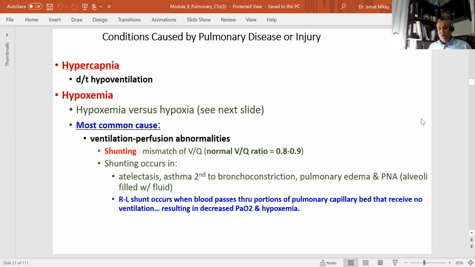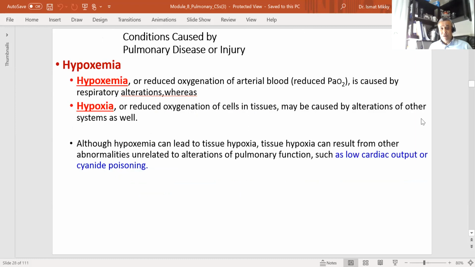Hypoxemia, we have the differentiation between hypoxemia versus hypoxia. I explained the shunting in the previous slides, the mismatch of the VQ ratio, and the definition of shunting.